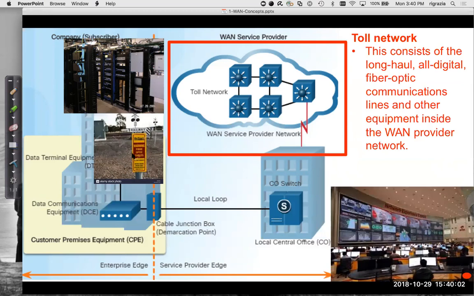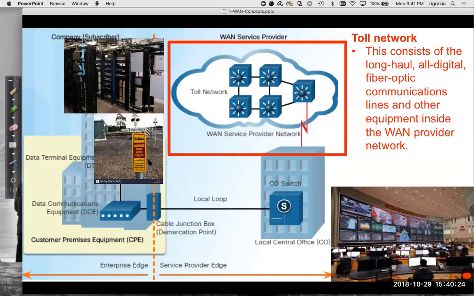Along here, I'm showing you a placard, a sign warning that there's fiber optic cable underneath along the railroad, which is actually quite common. You may know this, but Sprint actually stands for Southern Pacific Railway Internetwork.